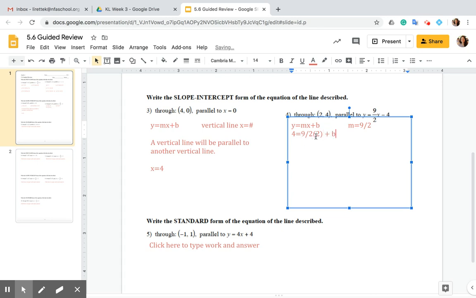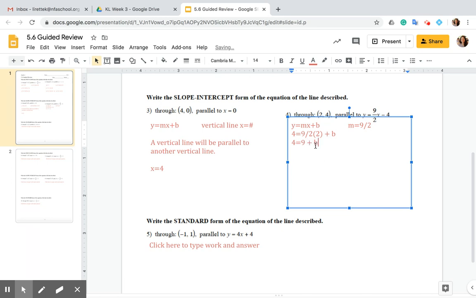It looks a little weird because I'm typing it all out. Normally, if I was writing this, I would write it with a horizontal fraction bar, and the fraction would look more vertical. But if you're using a calculator and you're good at doing fractions in a calculator, you should get the right product. You should get that when you multiply 9/2 with 2, the 2's cancel and you just get 9.